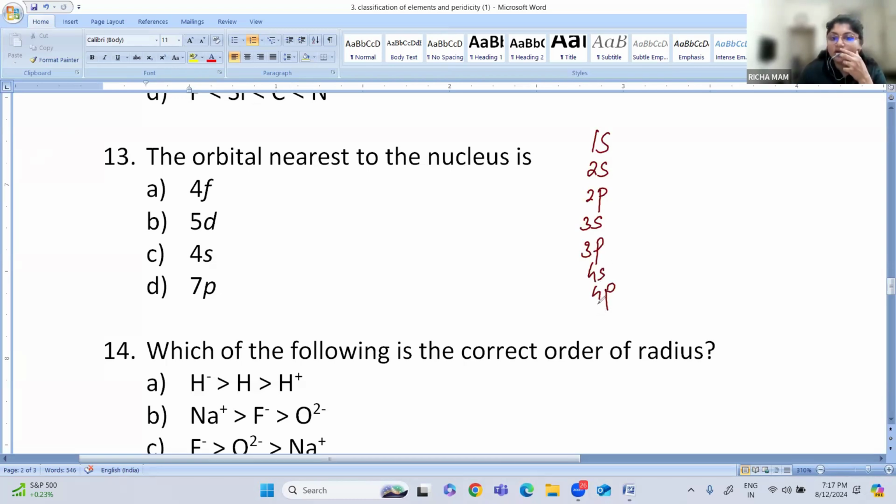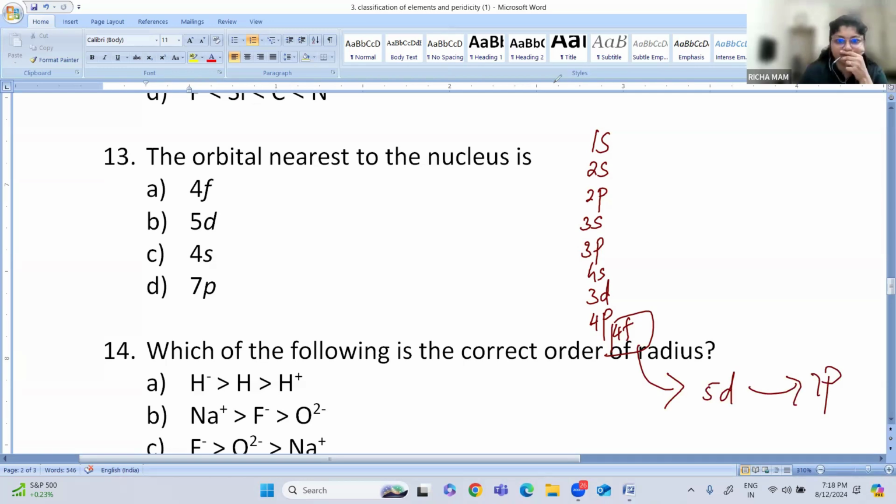Then like that, 4s, 3d will come, then 4p, then 4f, like that. So which is the orbital nearest to the nucleus? 4f is here, 5d is after this, your 7p will be after this. So which is the nearest?